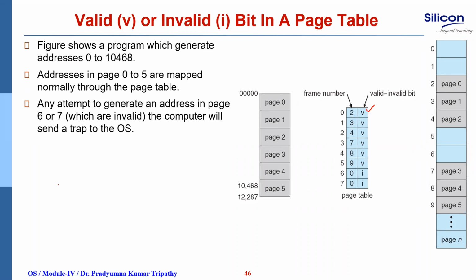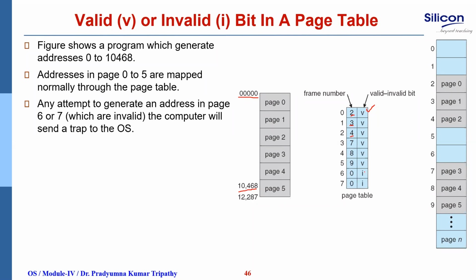Let us take an example over here. The program can generate an address from this to this. Correct? And it is being divided into 6 pages: page 0, page 1, page 2, up to page number 5. Page 0 is loaded in frame 2, page 1 is in frame number 3, page 2 in frame number 4, like that. There is no 6 and 7.